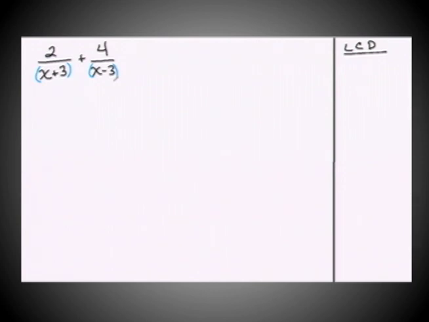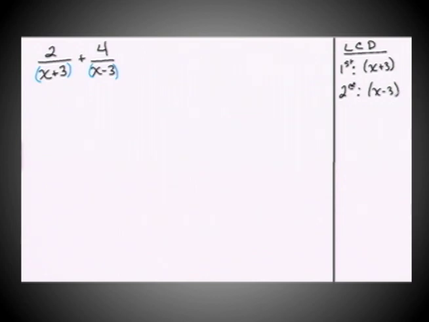And as instructed in our last video, the way to find common denominators is to list the factors of each of the denominators. So for my first denominator, it's only got one factor besides 1, and that is a factor of x plus 3. And for my second one, I have a factor of x minus 3.